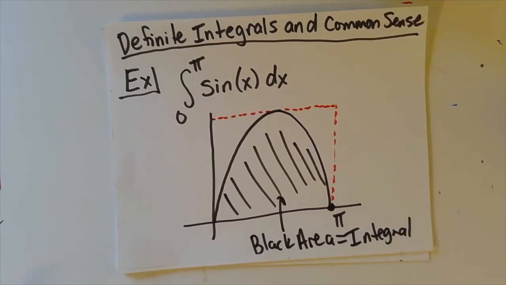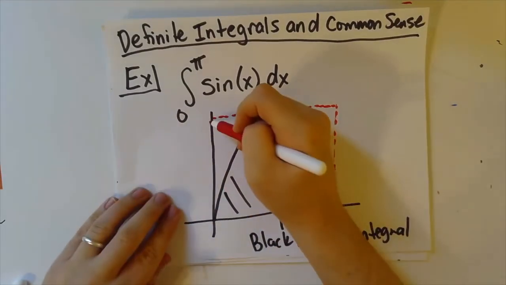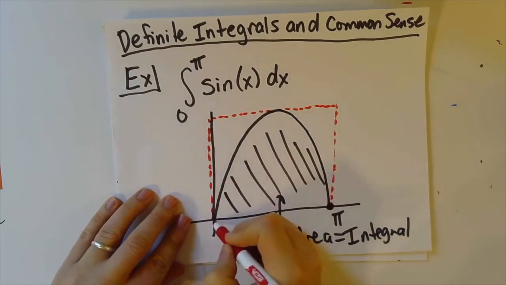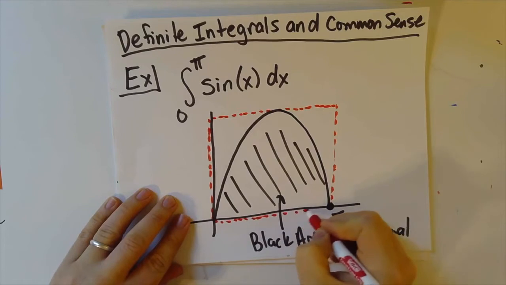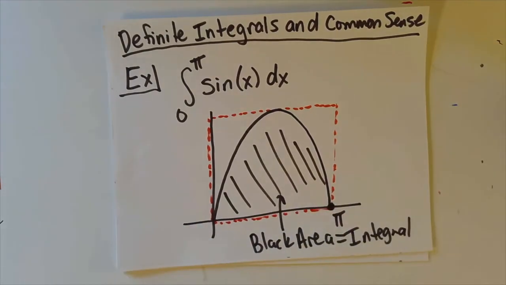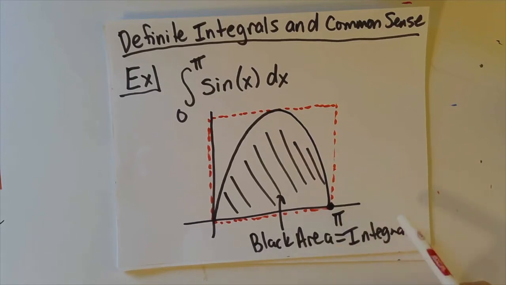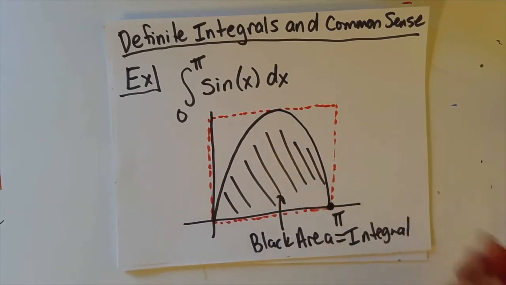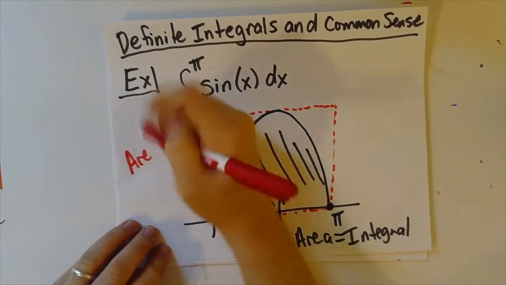But all of the black area is inside this red rectangle. What that means is that the black area, which again I don't know, is definitely less than the red rectangle area. And the area of the red rectangle I can calculate.